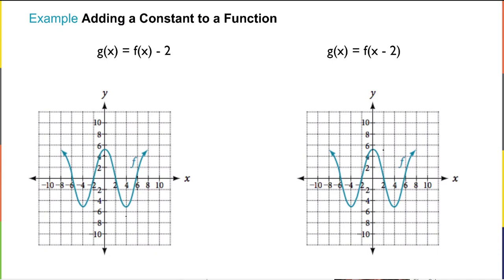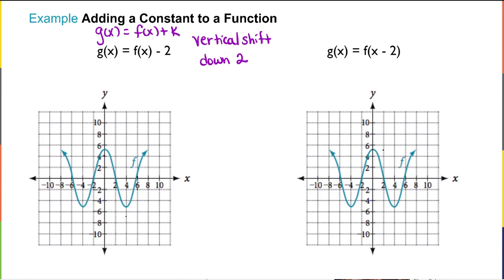So if you look at the first function, g of x is equal to f of x plus k. In this case, k is negative 2, so we're going to do a vertical shift, and it's negative, so we're going to do a vertical shift down 2.